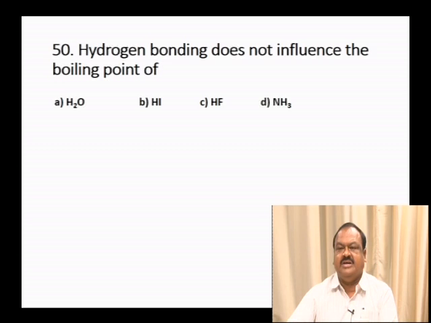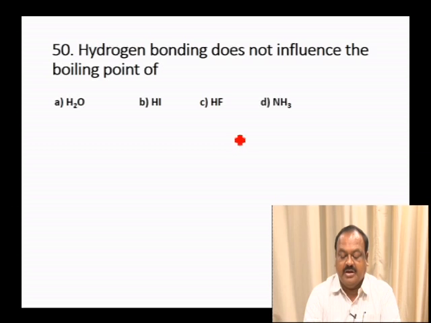Hydrogen bonding does not influence the boiling point of which? Hydrogen bonding takes place in water, between oxygen and hydrogen. HF has a highly electronegative element, hence it also forms hydrogen bonding. In ammonia, nitrogen and hydrogen, there is hydrogen bonding.